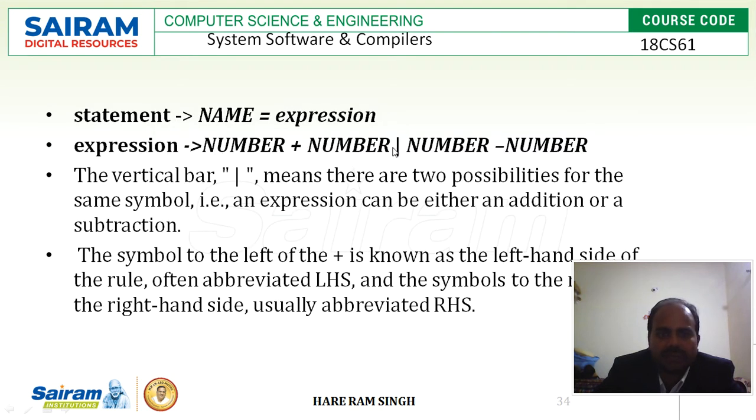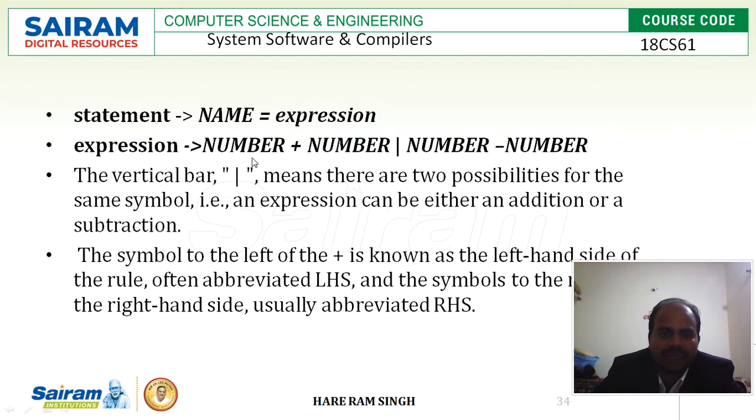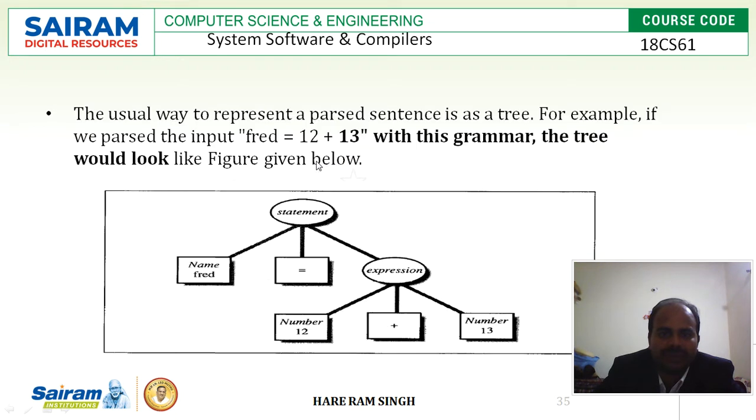Expression can be number plus number, because here it is 12 plus 13, so it is number plus number. So we will write the first part of the RHS, number plus number. So expression can be number plus number, and this number value is 12 and this number value is 13, and this name is Fred. So this expression can be generated like this parse tree.